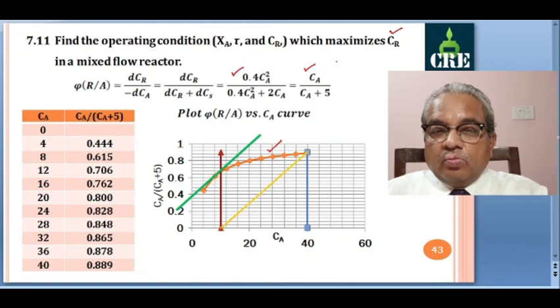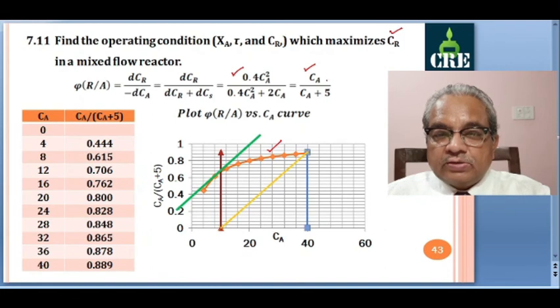I want to maximize CR. Okay, so this should be maximized. And at which concentration of CA this will be maximized, and this is from 40 to here, this concentration we have to find out.